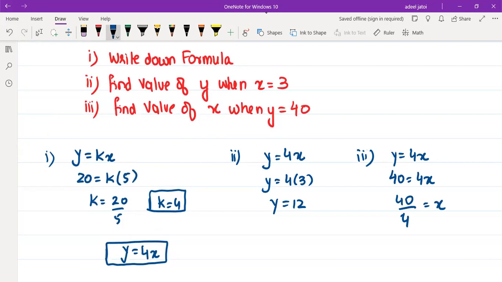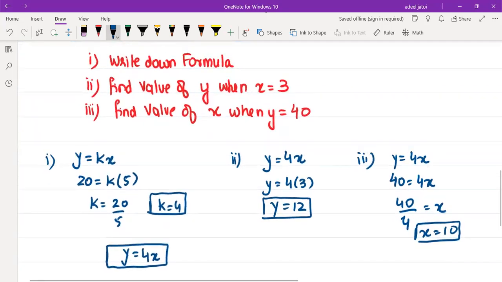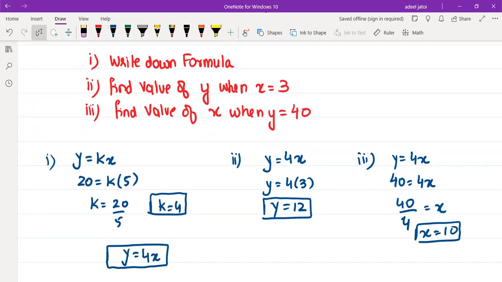So x value is 10. Here's the answer for part 3. The answer for part 2 was y is equal to 12, and the answer for part 1 is y is equal to 4x. Now, similar types of questions can be tested in normal circumstances when the examiner is asking you questions.